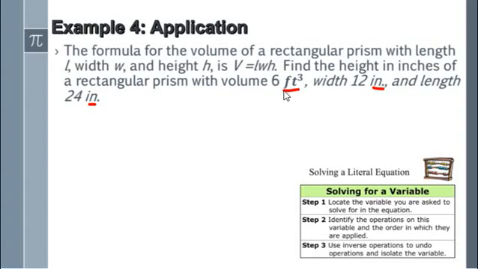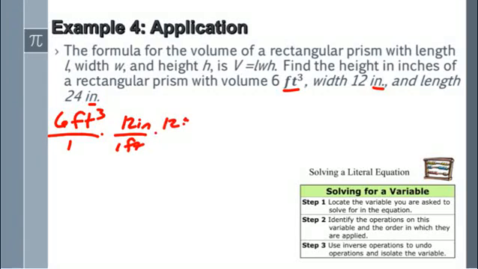So let's convert 6 cubic feet to cubic inches. There are 12 inches in 1 foot, but I have to do that 3 times because I'm dealing with cubic units.